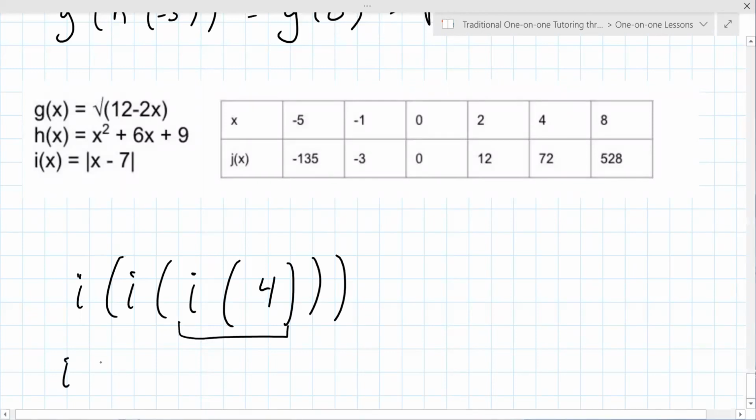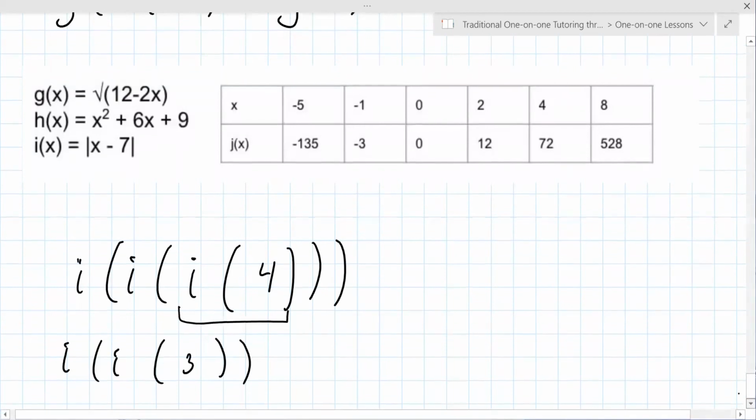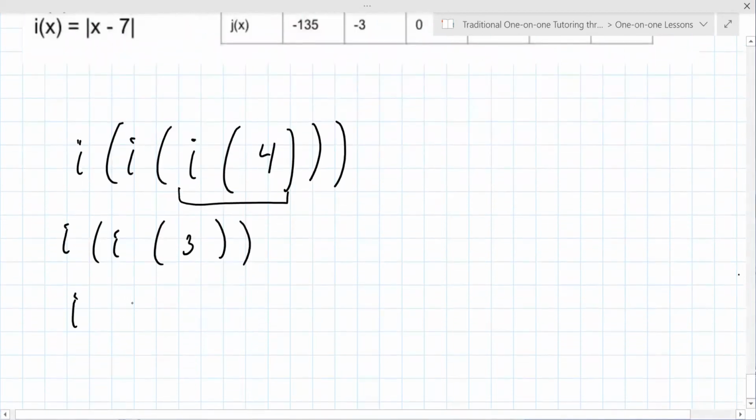So now this is I of 3. 4. Okay, good. So that becomes I of 4. What does that one then become? 3. Good.